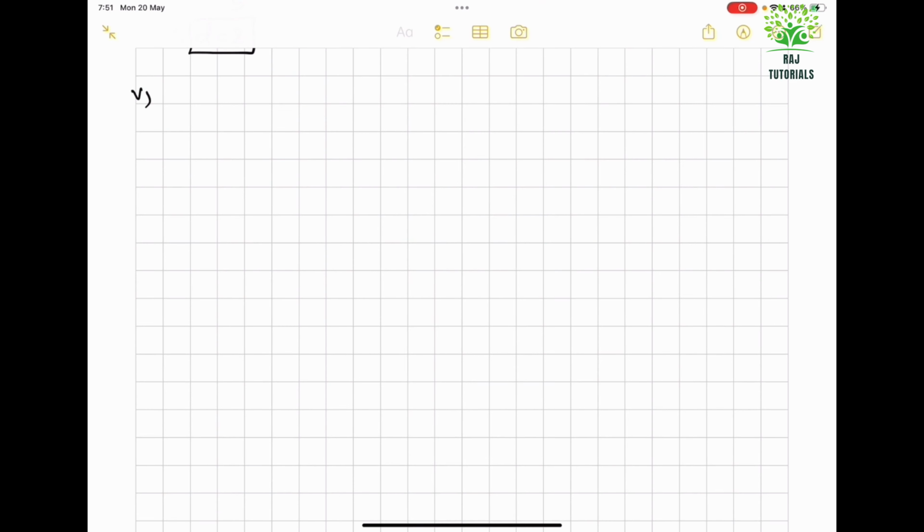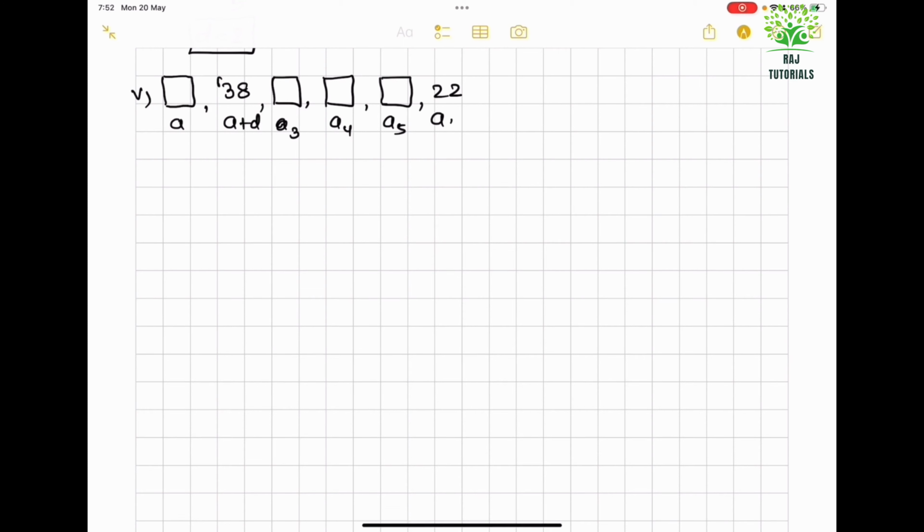Then the next one says, and 22. So A I don't know. A plus D I know, that is A2 I know. A3 I don't know. A4 I don't know. A5 I don't know. A6 I know. So A2, that is A plus D, equal to 38. And A6, that is A plus 5D, equal to 22.